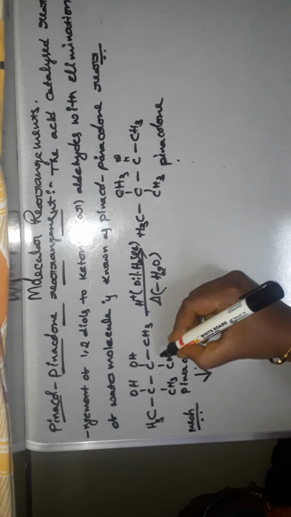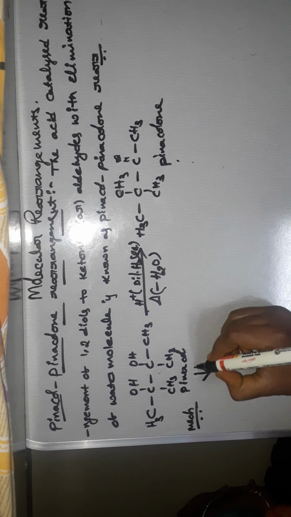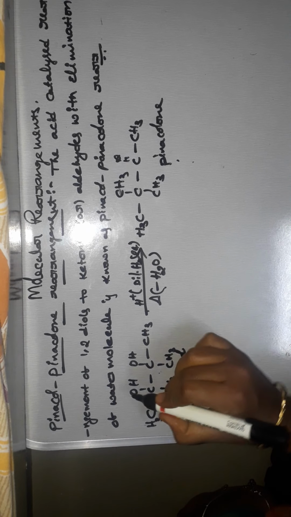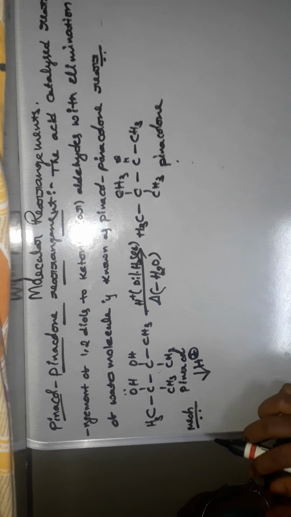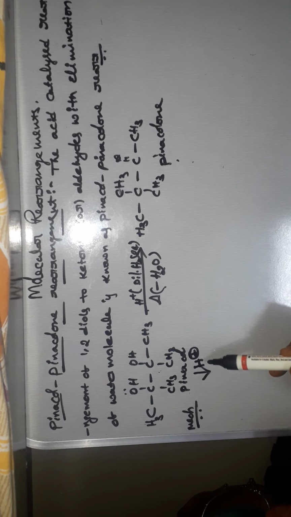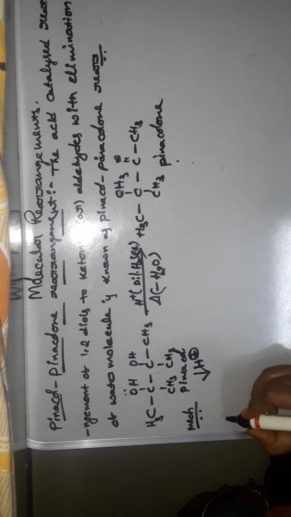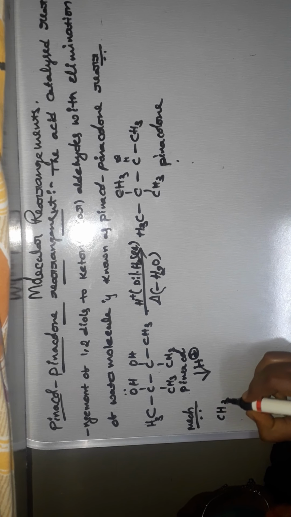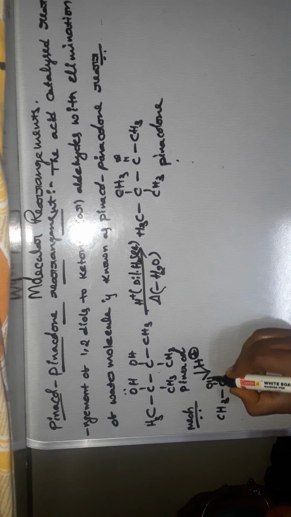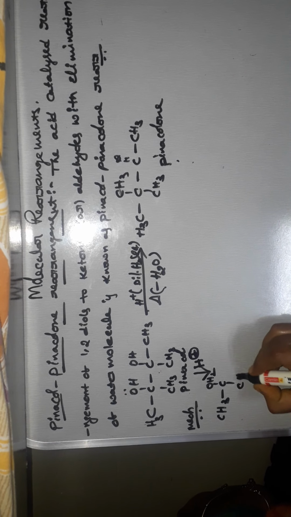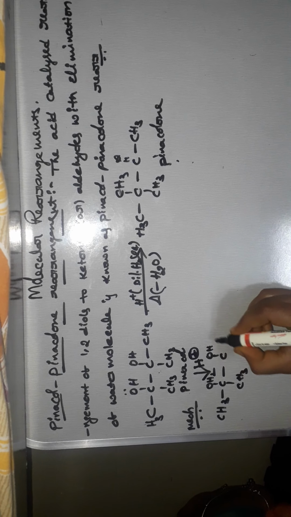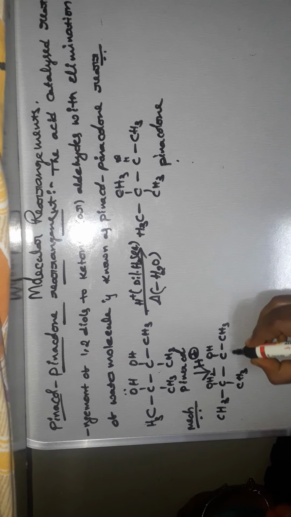We are taking this pinacol molecule, which reacts in the presence of acid. The oxygen atom has a lone pair of electrons. This lone pair of electrons attracts hydrogen to form a molecule like this, C(OH2), CH3, C(OH), CH3, CH3.